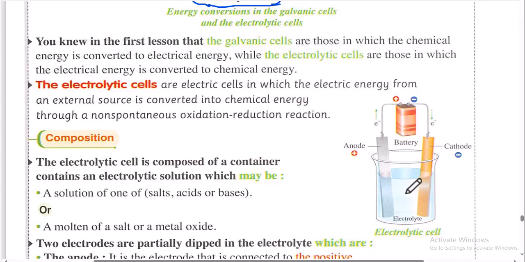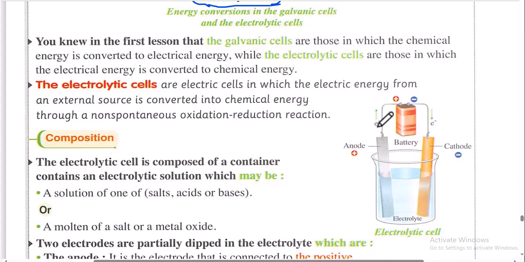They have fewer electrons, so they go to the cathode and neutralize their charge by accepting electrons, which means reduction. So anions go to the anode to be oxidized, and cations go to the cathode to be reduced. In all kinds of cells, anions go to the anode and cations go to the cathode.